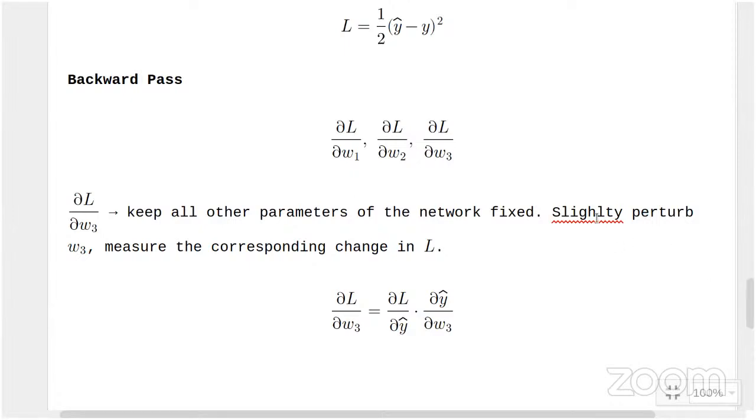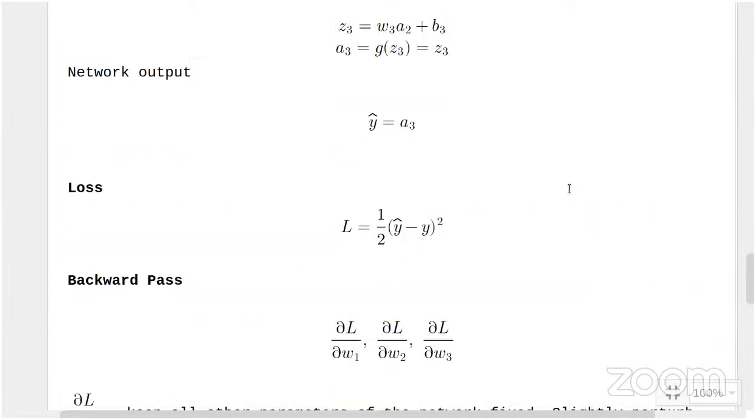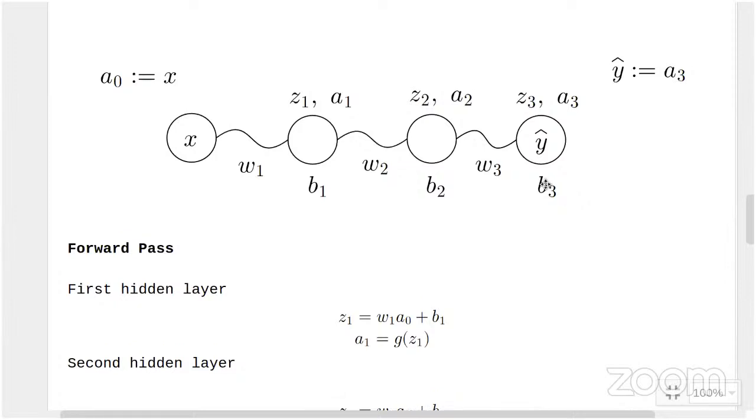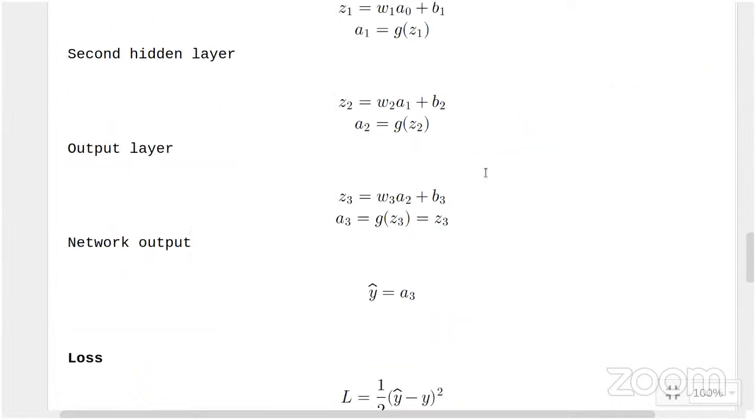So what I am saying is, if I slightly perturb W3, then since y hat depends on W3, how do we know that? Y hat is A3, and A3 is nothing but Z3, so y hat is Z3.